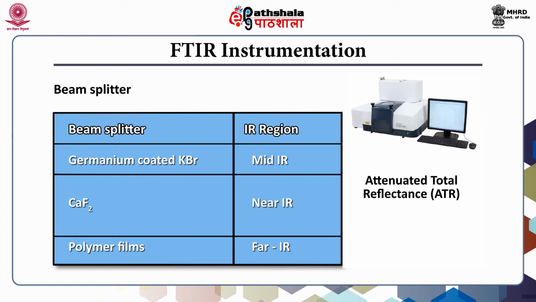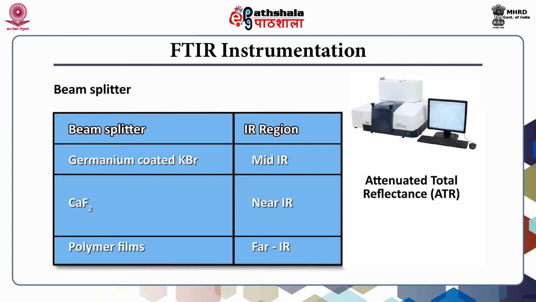Calcium fluoride, that is CaF2, is used in the near region, and it is less sensitive to moisture than KBr. Far IR beam splitters use polymer films and cover a limited range.